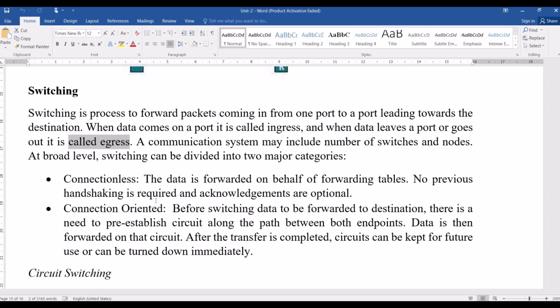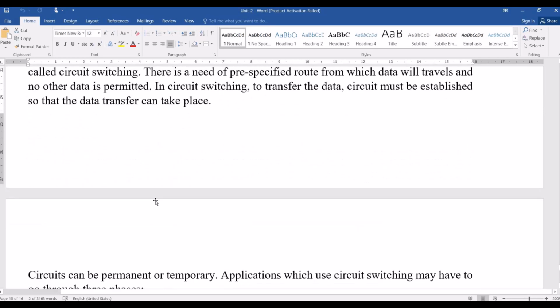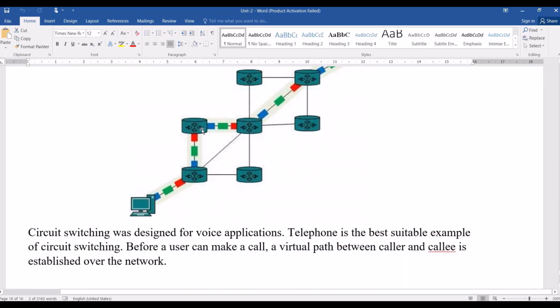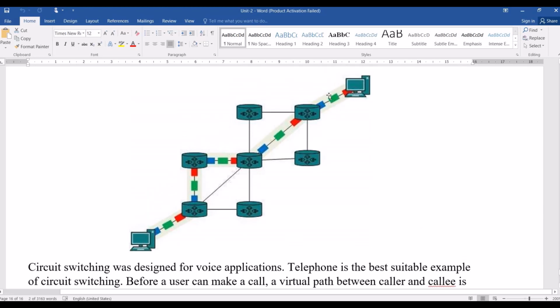Opposite to connectionless, we have connection-oriented. Before switching data to forward to the destination, there is a need to pre-establish a circuit along the path between both ends. So it creates a virtual path, we can say, in the switching. There is some virtual path maintenance. After the connection is established, it sends the data over this virtual path.